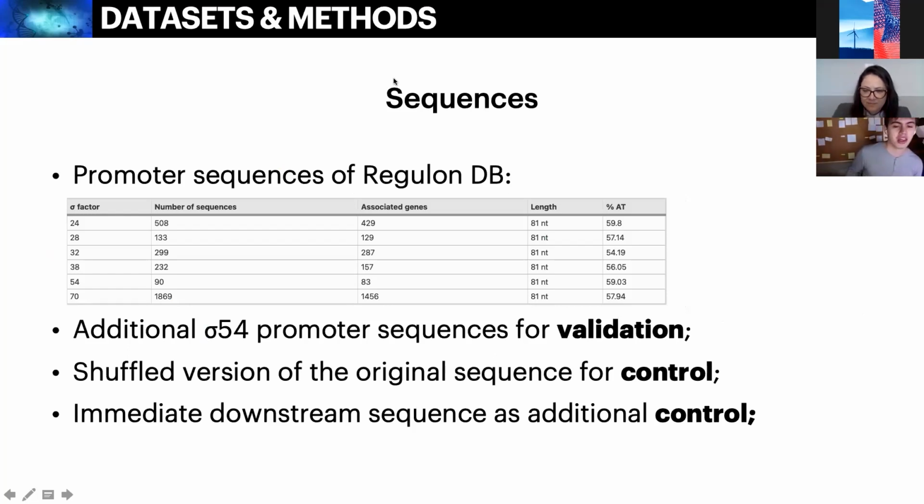a selection of promoter sequences that are listed in the database RegulonDB. So we have here a number of sigma factors in different groups. And we have here in our second column the total number of sequences for each sigma family. Also, there is some difference in the number of associated genes to that.